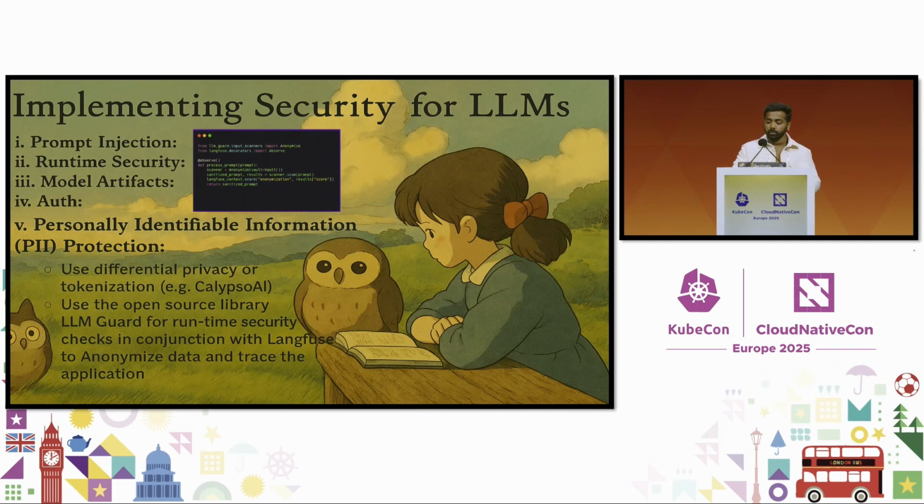Then PII, which we have been discussing from the start. When this attack happens, your username data, everything, gets leaked, like patients' data in hospitals. You can anonymize the names using tools like Calypso AI.